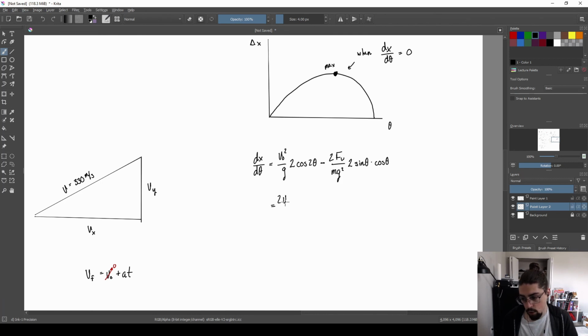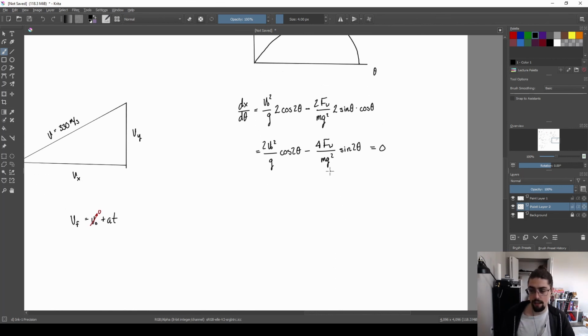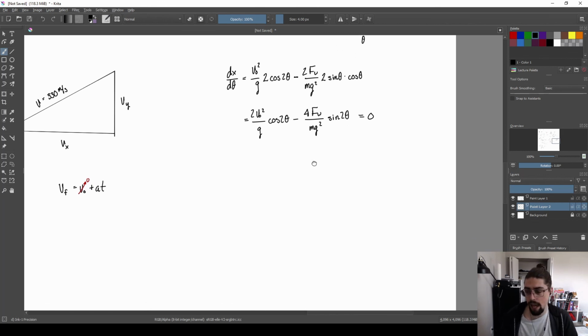So this is going to become 2 v naught squared over g cosine of 2 theta minus 4 wind force over mg squared. And then we're going to have, this is going to turn into sine of 2 theta. I'm trying to find when this thing is all equal to 0. So I plug that in, and then I ask, what is theta going to be because of that?